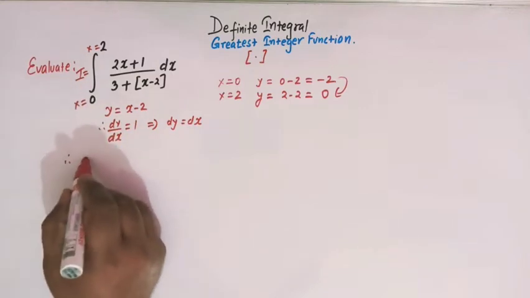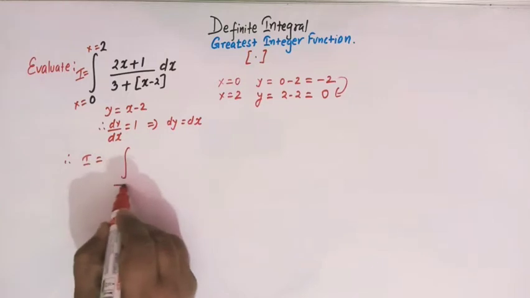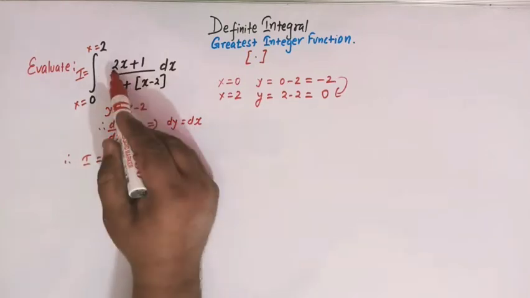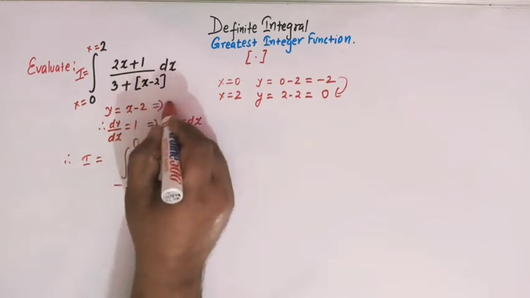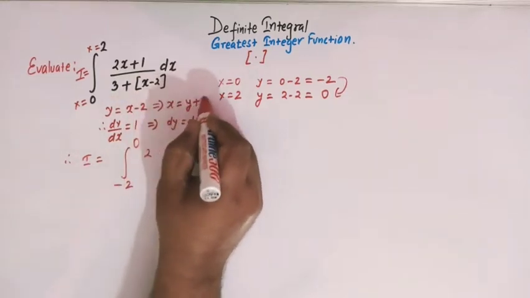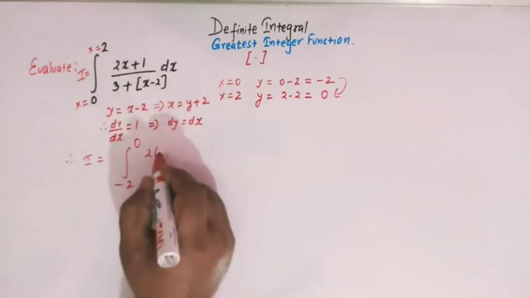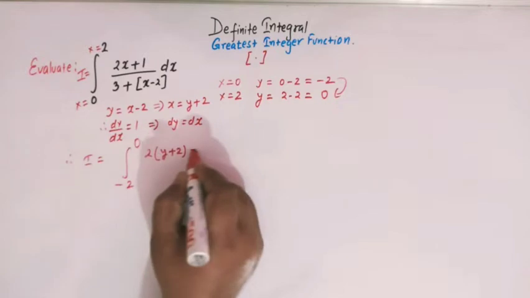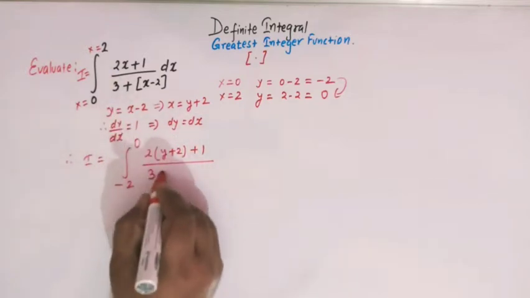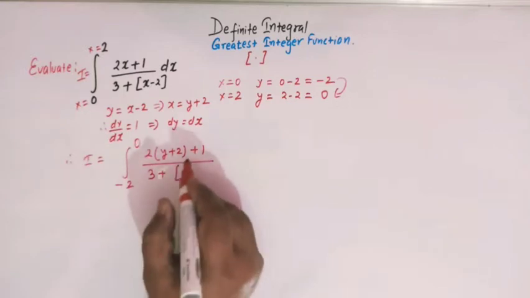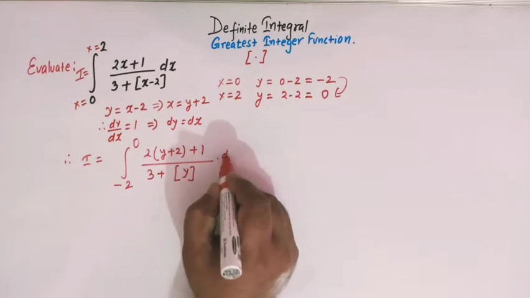So this integral I reduces to the integral from minus 2 to 0. Since x is equal to y plus 2, for 2x plus 1 we can write 2 times (y plus 2) plus 1, and in the denominator we have 3 plus the greatest integer of y, and for dx we can write dy.